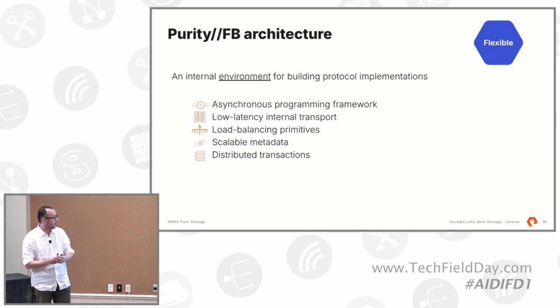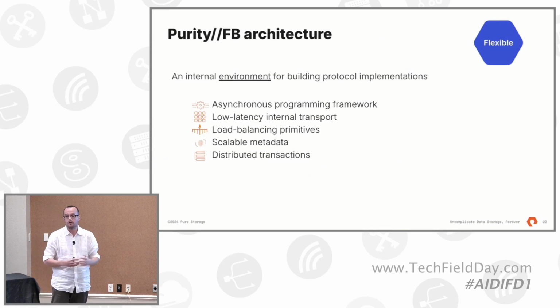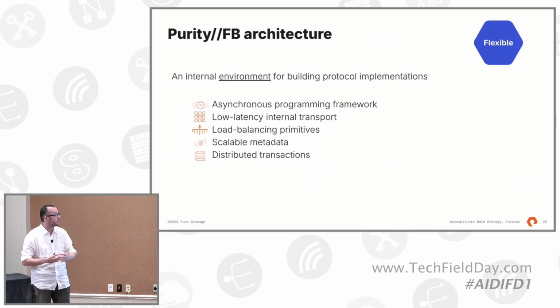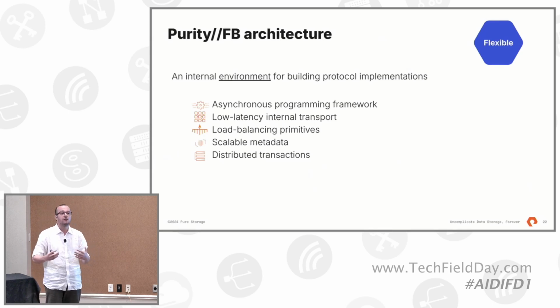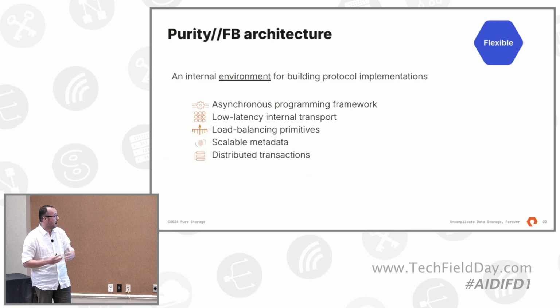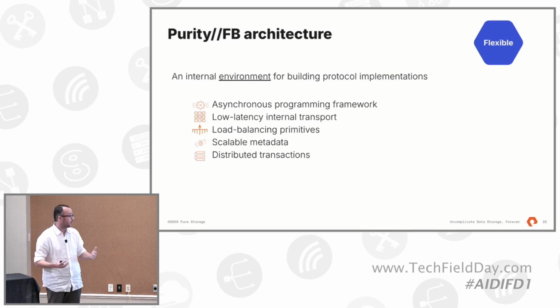Load balancing we'll talk much more about in a second. We have a scalable metadata engine with support for distributed transactions, and both of these are designed to support a large number of clients, driving a high rate of change in the system. And indeed, our data protection features, such as snapshots and replication, are backed by this.